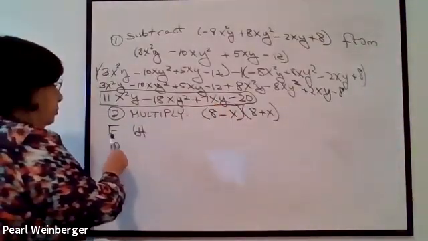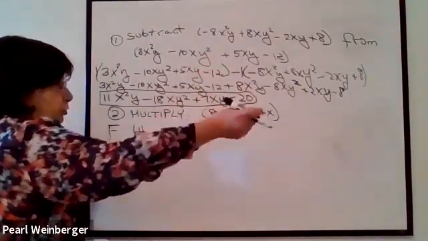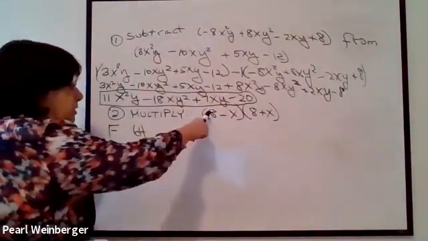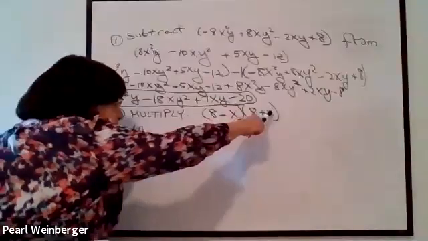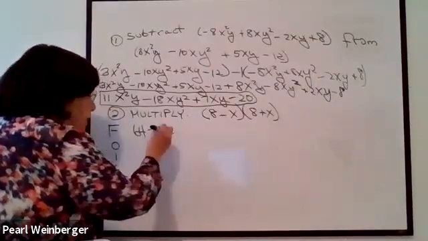Next, we do outer. O stands for outer, which means the furthest two terms. The 8 times a positive x gives us plus 8x.